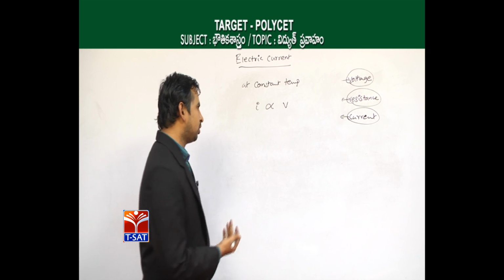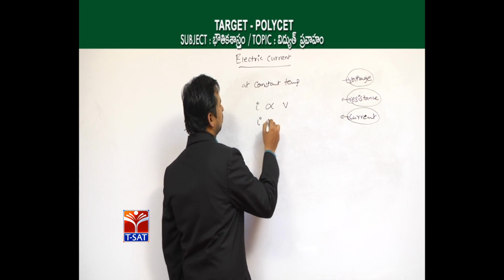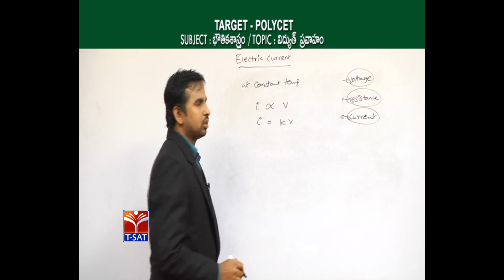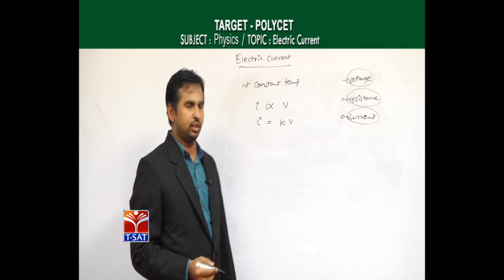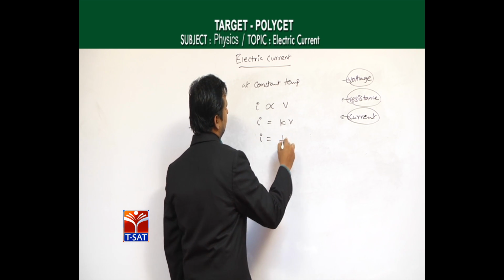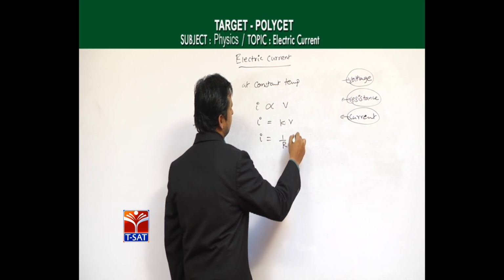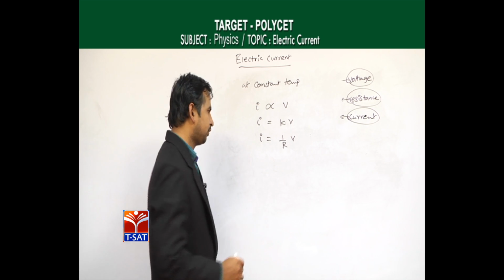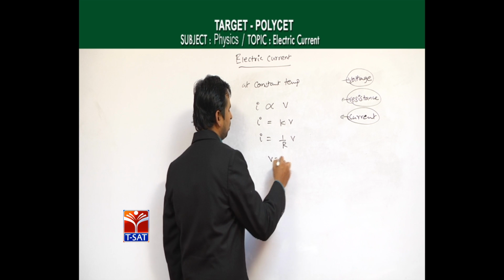That is the meaning of Ohm's law: more voltage, more current; less voltage, less current. From this we can write I proportional to V, and removing the proportion we get a proportionality constant. That constant we call conductance, which is the reciprocal of resistance, K equals 1 by R. From this we can write V is equal to IR.